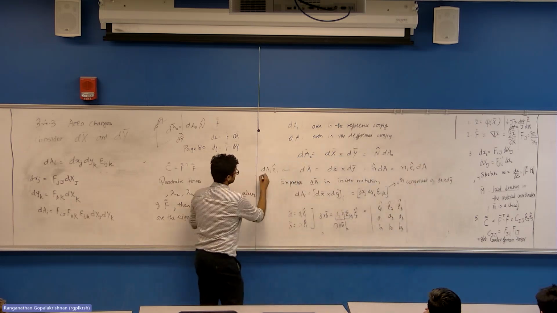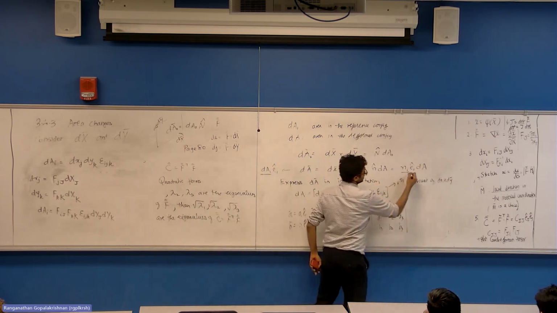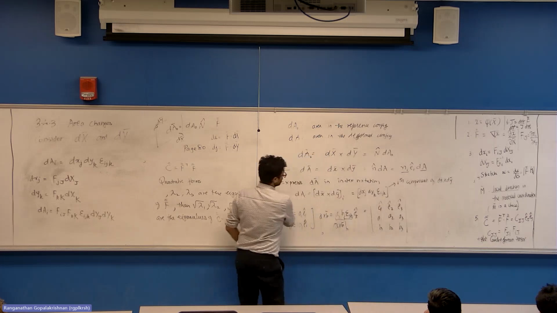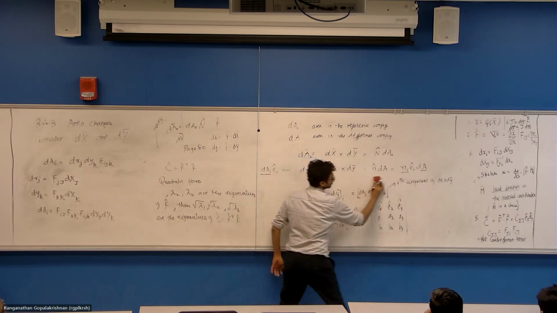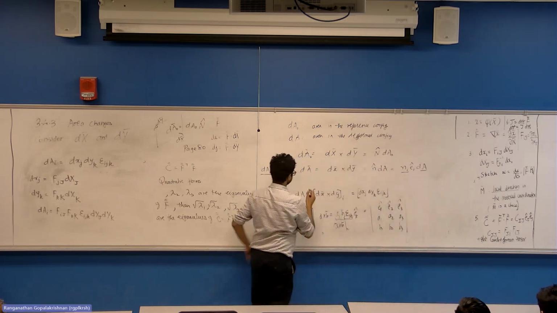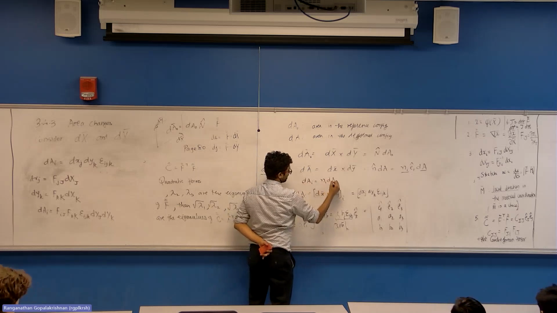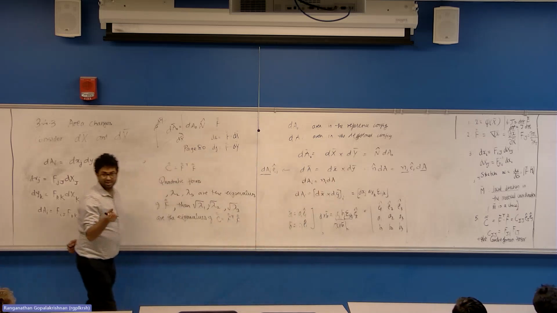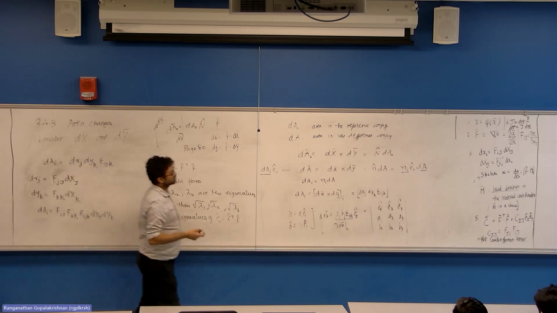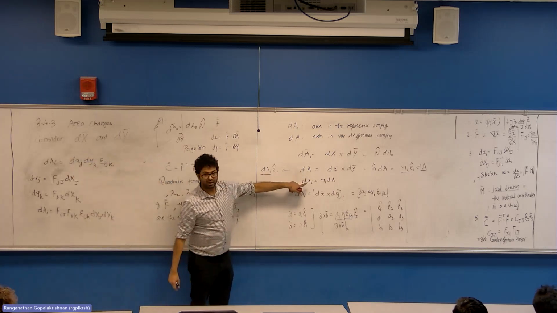If I compare this expression and this expression, I'm going to get dA_i is nothing but n_i dA. dA is a scalar, dA_i is the ith component of the vector dA.